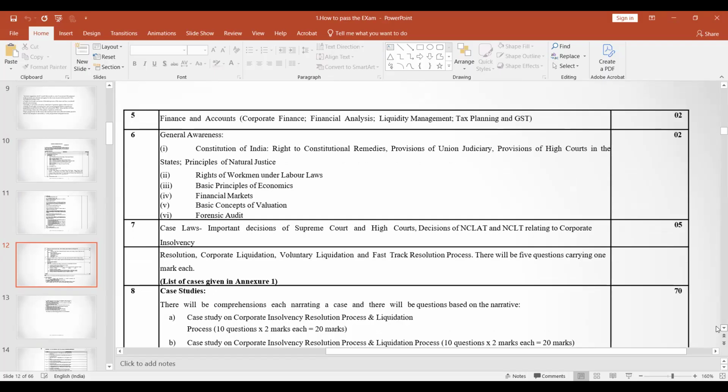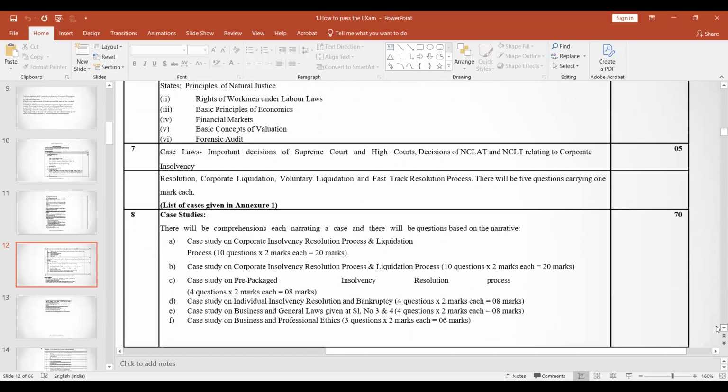But the most important part is the case studies. Regarding case studies, on IBC alone, 62 marks are given for case studies. This IBC, as you all know, is a procedural law. So basically, it describes the various processes.